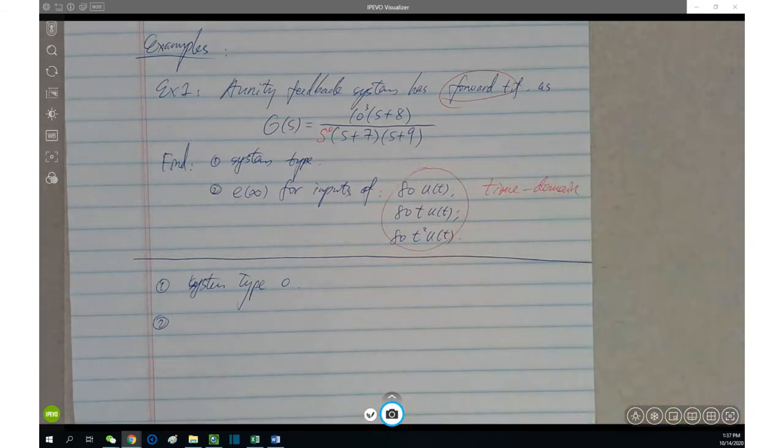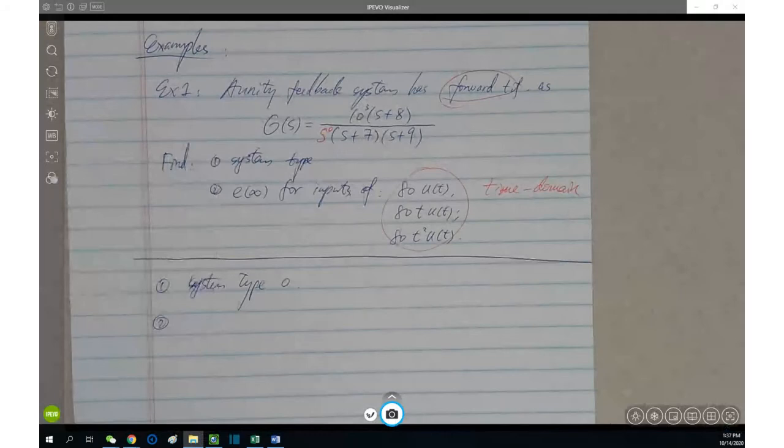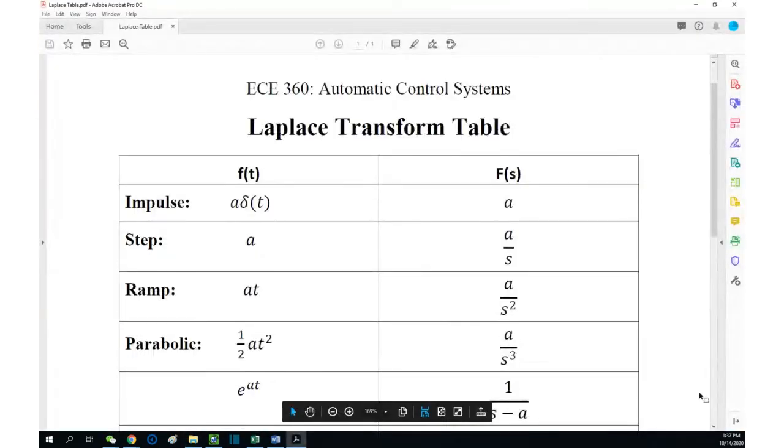We need to convert them to the S domain. How to do that? We need the table, the handout table. This is the table we need to apply.